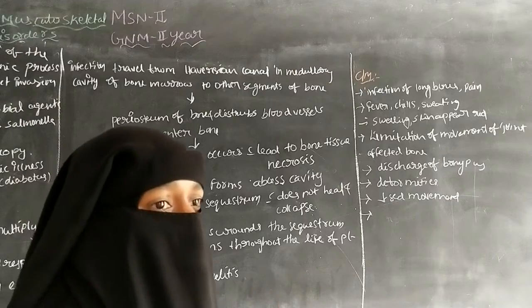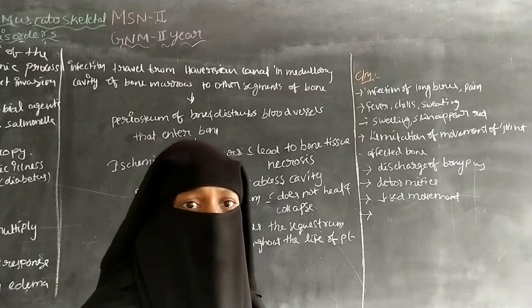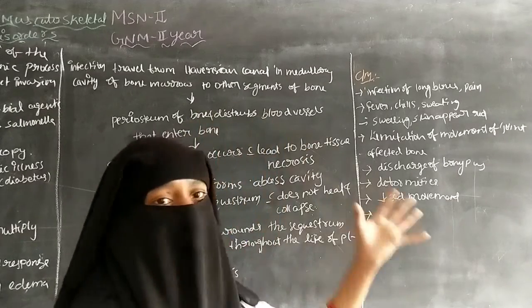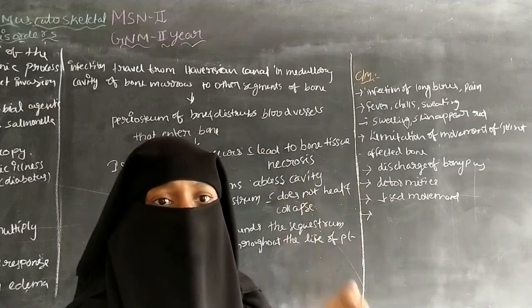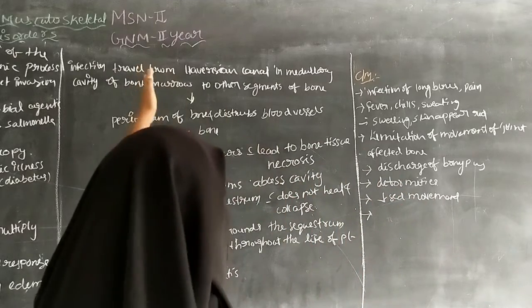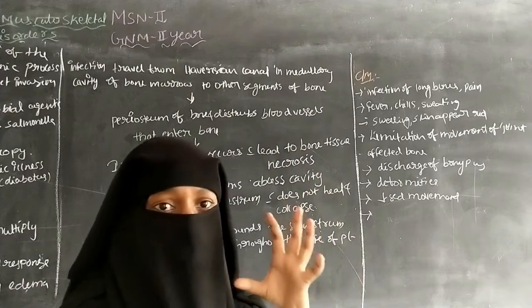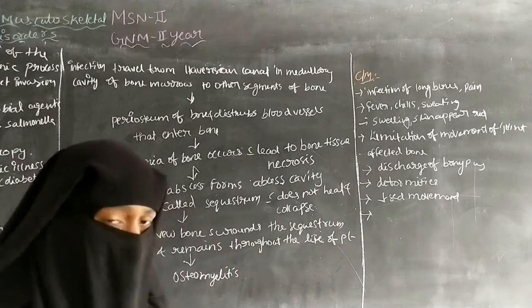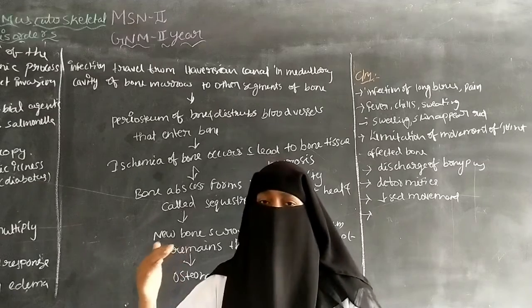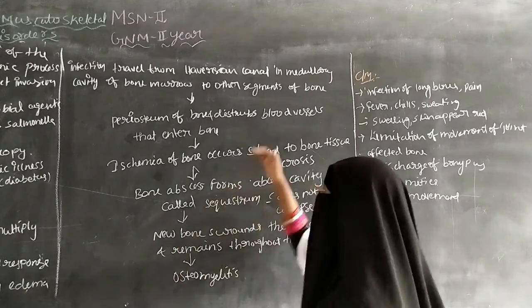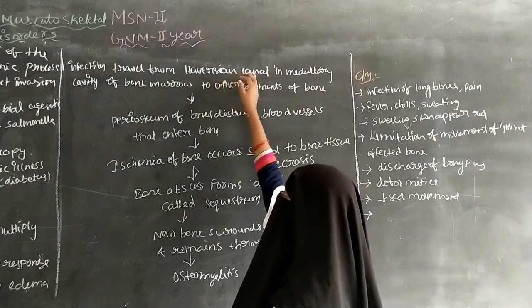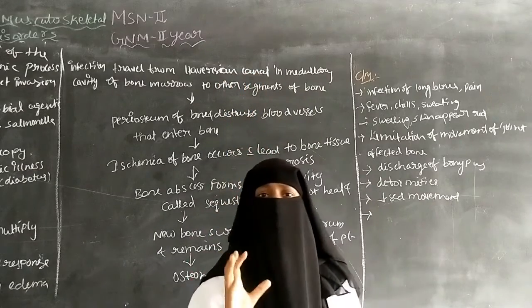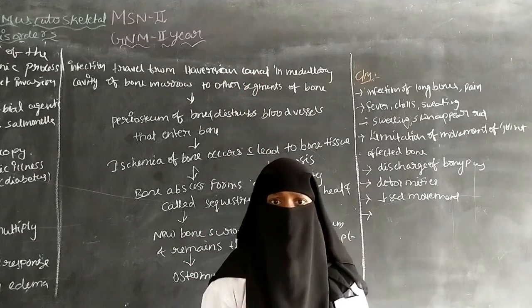The Haversian canal is a tube-like structure, through which the blood vessels and nerves that supply the bones pass. The medullary cavity is nothing but the medial part of the bone.